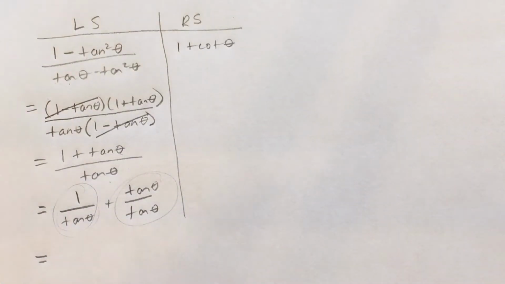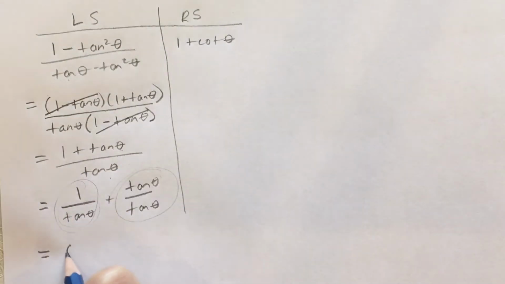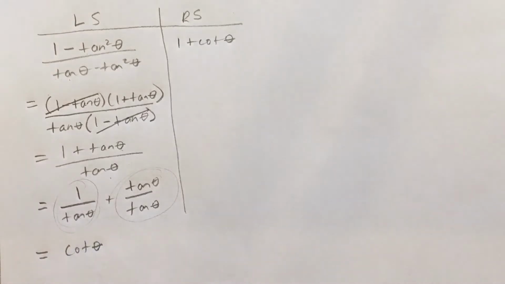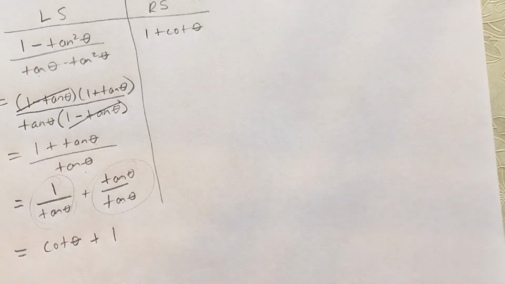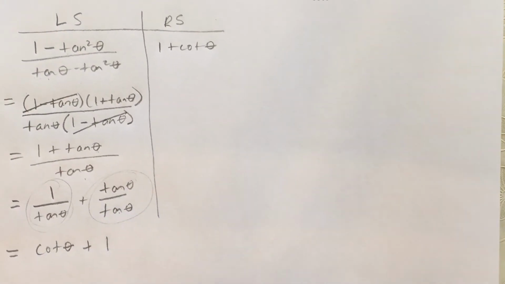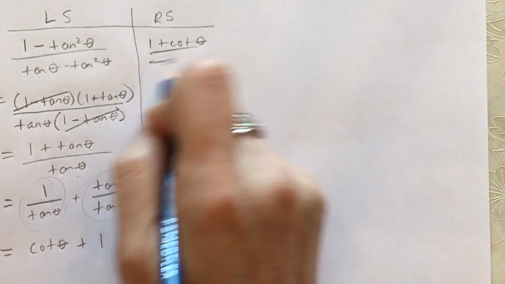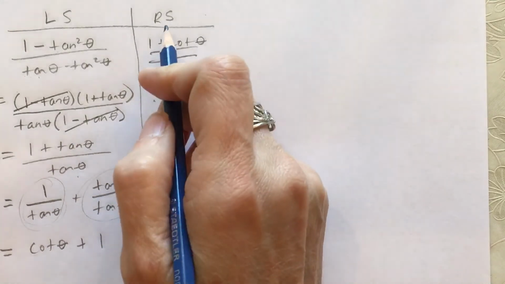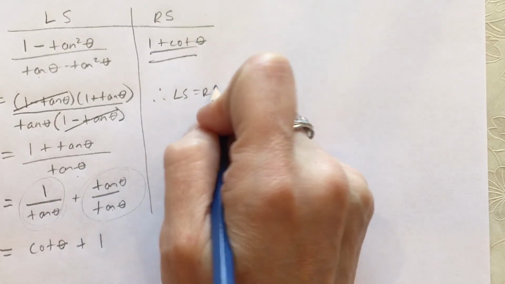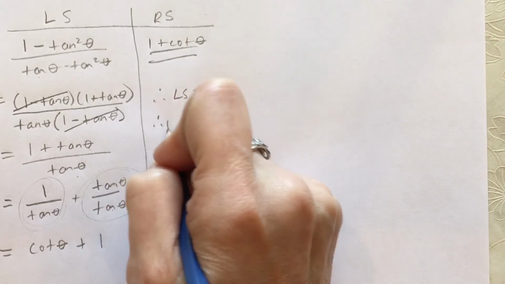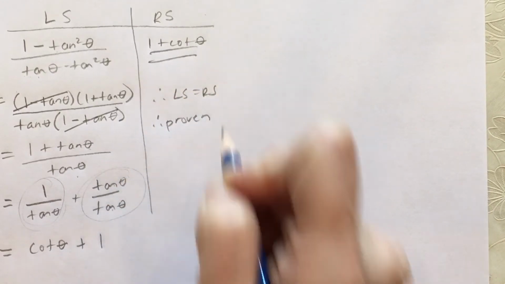But we know from our identities that 1 over tan theta is cotan theta. That's a reciprocal identity. And we know that tan theta over tan theta is 1. And if you look on the other side, that's exactly what we have over here. So without even manipulating the right side, we can see that the left side and the right side are equal, which means that the identity is proven.